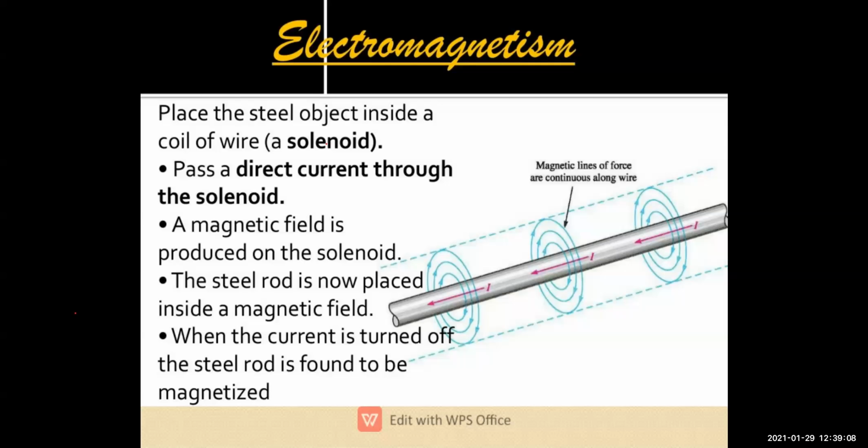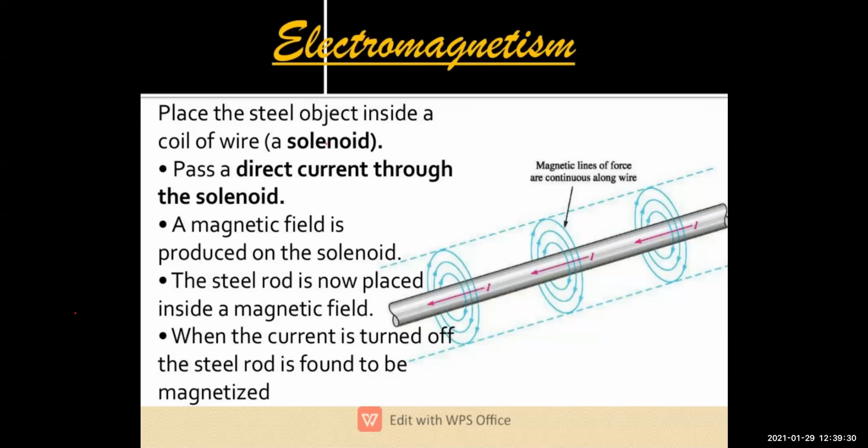So basically we have taken a steel object with a coil of wire around it, that is called a solenoid. When current is passed through the solenoid, what happens? The magnetic lines of force start flowing around it.